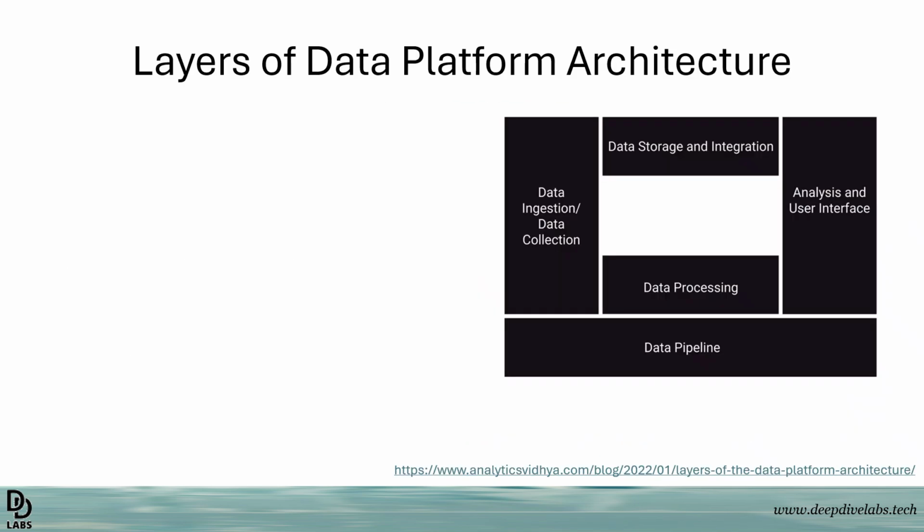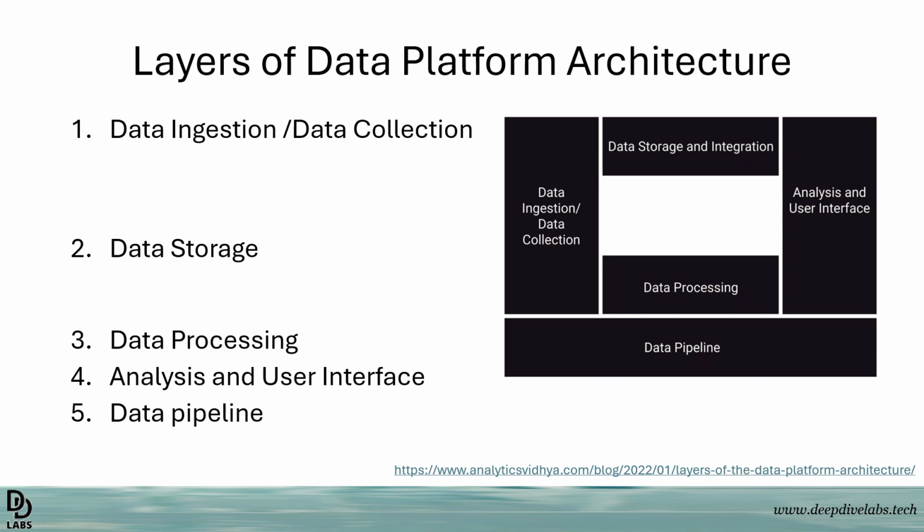We'll start off by looking at the different layers of the data platform architecture. The block diagram on the right gives you an idea of the different components. So let's see the different layers physically. We have the data ingestion or data collection layer, and then a data storage layer, a data processing layer, and then finally where the data needs to be served to other data consumers.